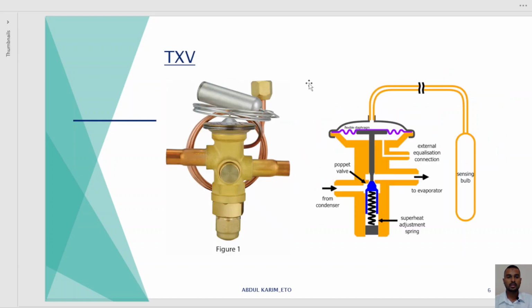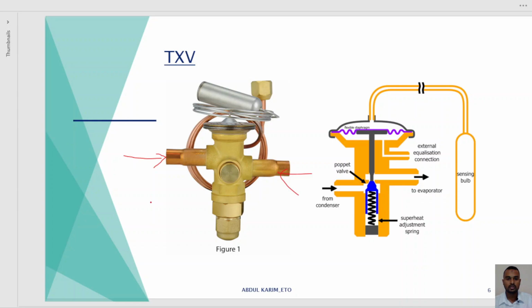Okay. Now let's try to understand the working procedure of the thermostatic expansion valve. This is the outer part of the thermostatic expansion valve, and this is the symmetrical loop of this valve. This is the inlet port of the refrigerant, and that is the outlet port of the refrigerant.